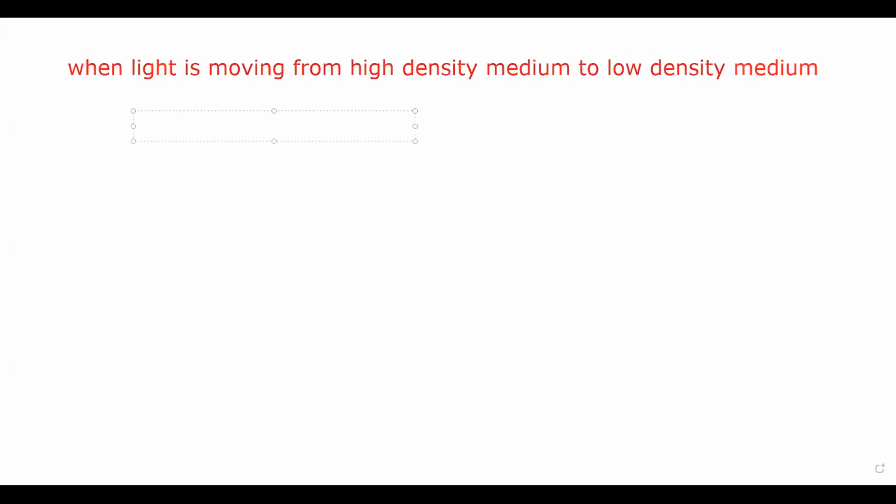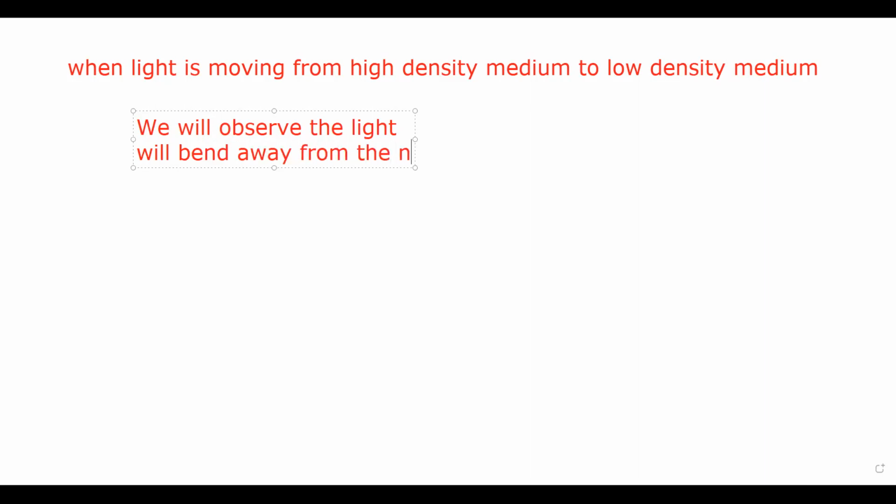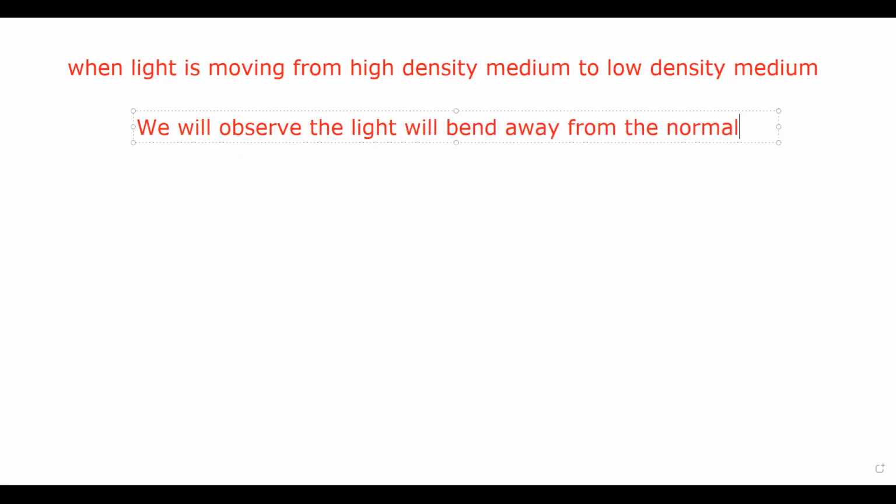We will observe the light will bend away from the normal. This is what we observe. The speed will change, but the observation is that the light will bend away from the normal.